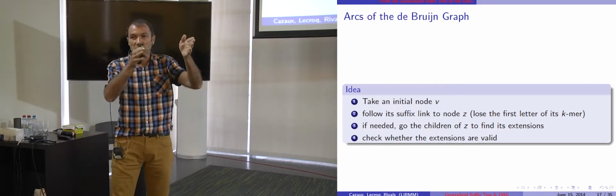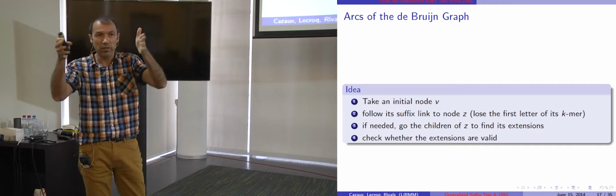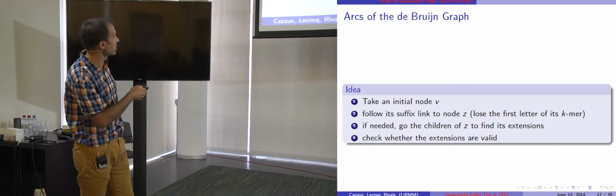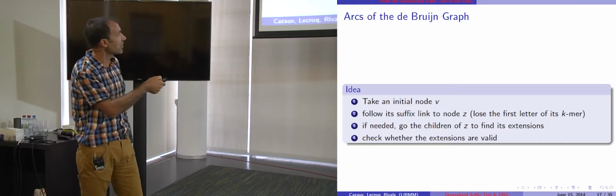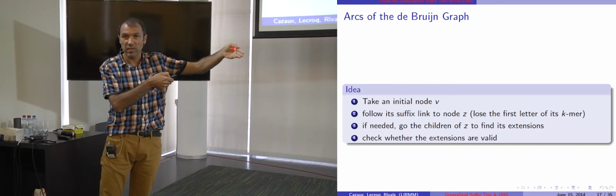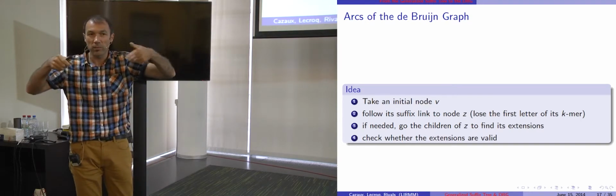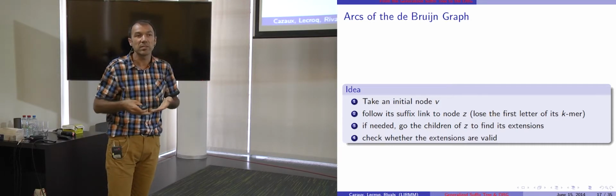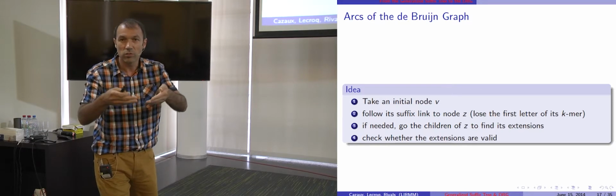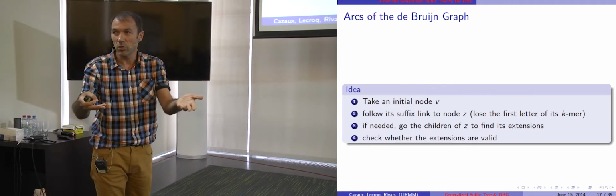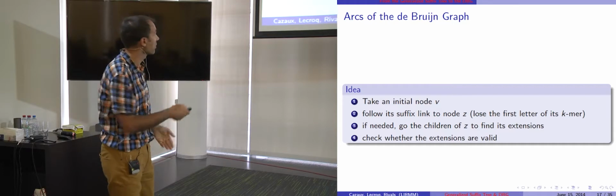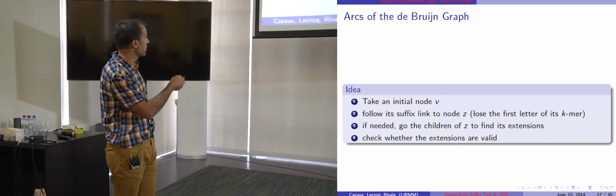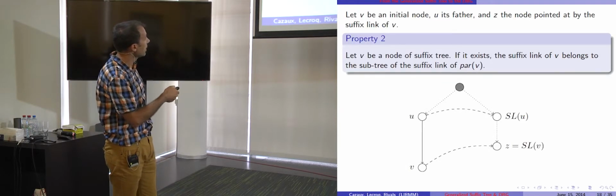And therefore, you get to its suffix of length k minus 1, the initial word minus the first symbol. And then, if it's not a k-mer at the end of the suffix link, you have to go down the tree a bit, by one edge maximum. And then you will look at the children, and you will see the right extension of this suffix of this k-mer, and you will get the target node you want in the de Bruijn graph. Therefore, you have to travel very little in the suffix tree to find those edges. And you have to check a few things.